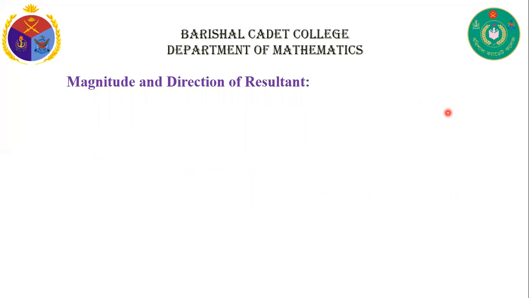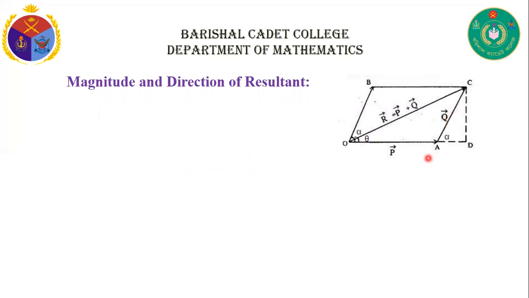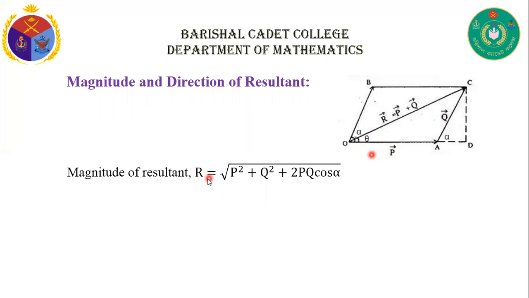In the previous class, we discussed the parallelogram law, and today I just remind you again. Here are the two forces P and Q, including angle alpha, and the resultant is along the diagonal of the parallelogram and makes angle theta with force P. The resultant R equals the square root of P square plus Q square plus 2PQ cos alpha, and the direction of the resultant theta equals tan inverse of Q sin alpha divided by P plus Q cos alpha.